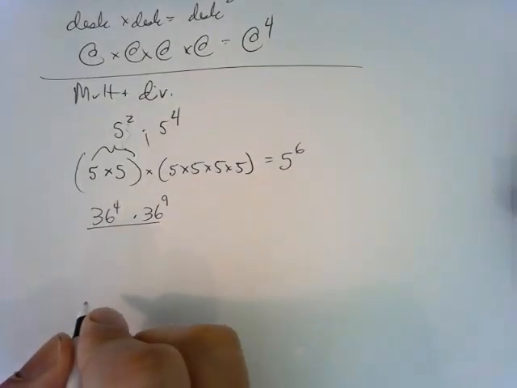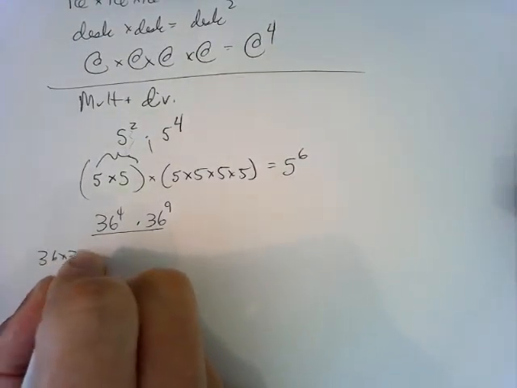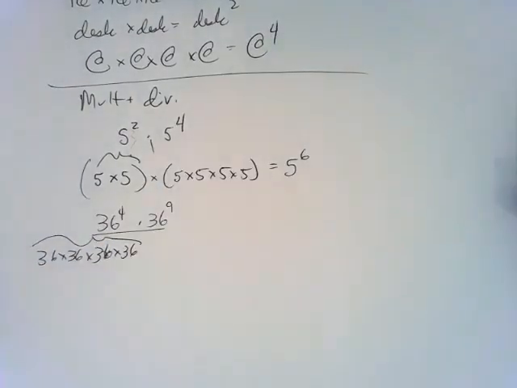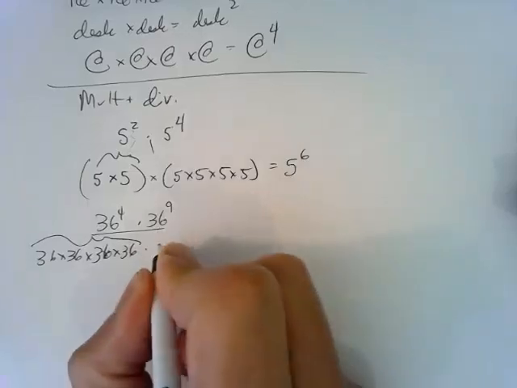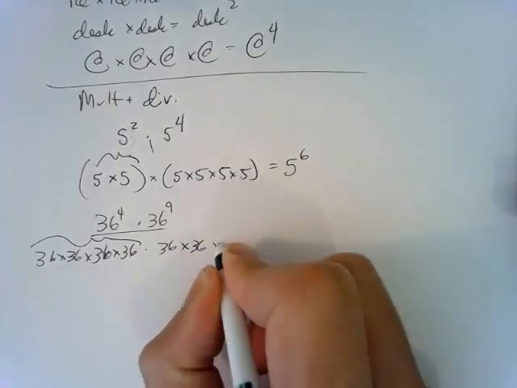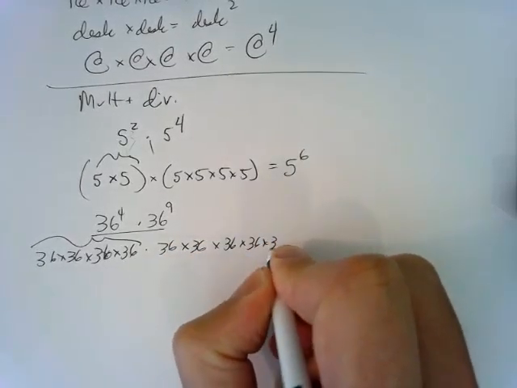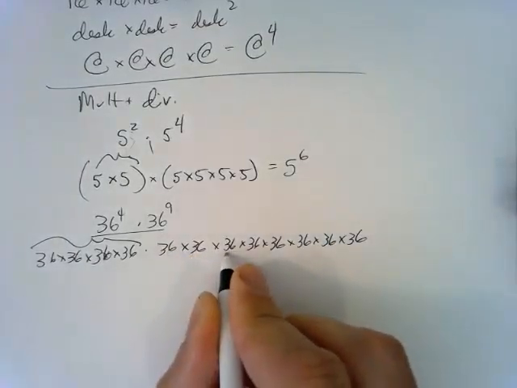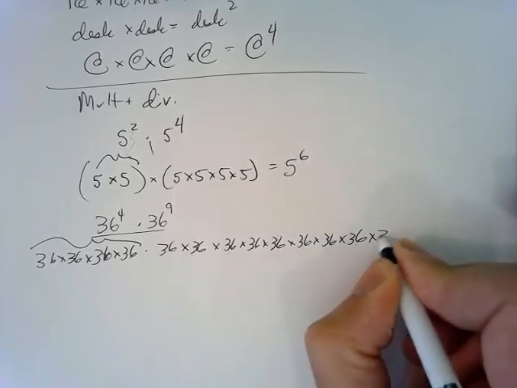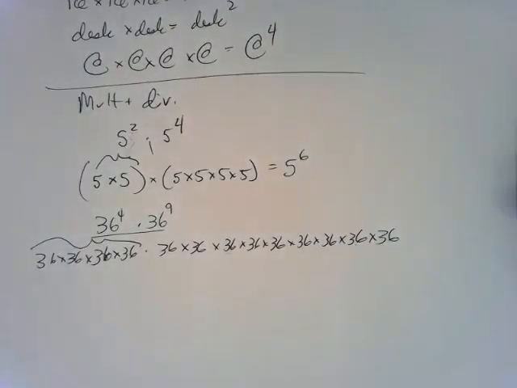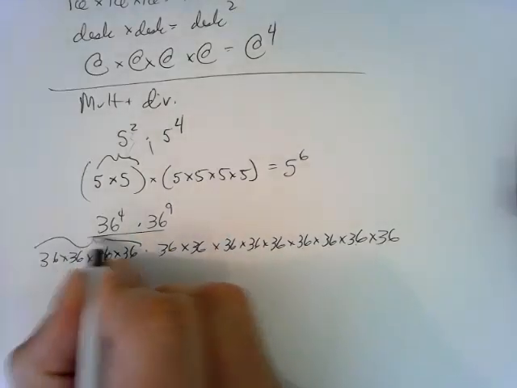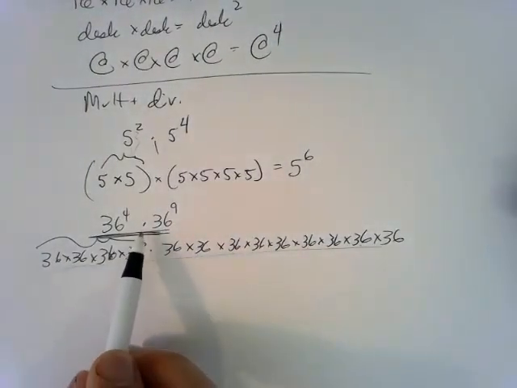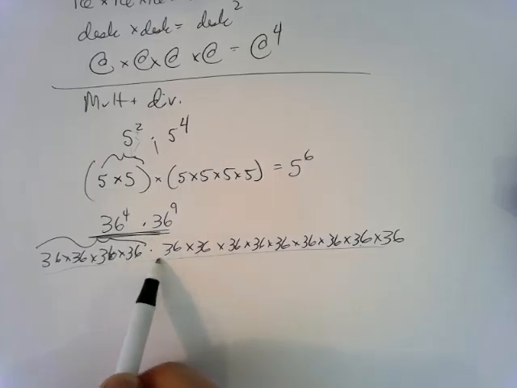If we really wanted to write this out mathematically, we would have to say this is 36 times 36 times 36 times 36. That's our 36 to the 4th. And then we'd have times, and then we'd have 36 times 36 times 36 times 36 times 36 times 36 times 36 times 36. 1, 2, 3, 4, 5, 6, 7, 8. I need one more. 36. So this just simply looks a lot prettier than this. And in fact, I would argue that this is even easier to understand than that.